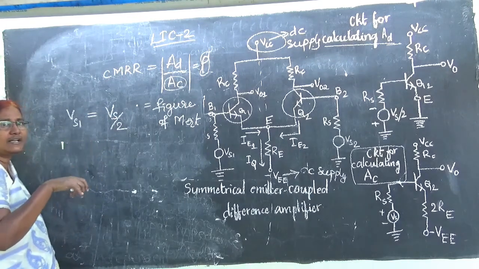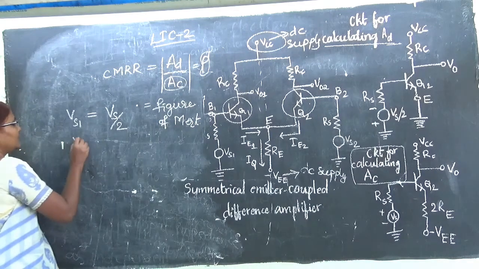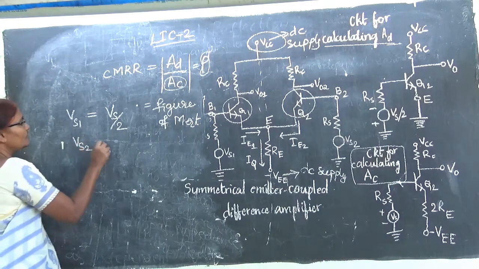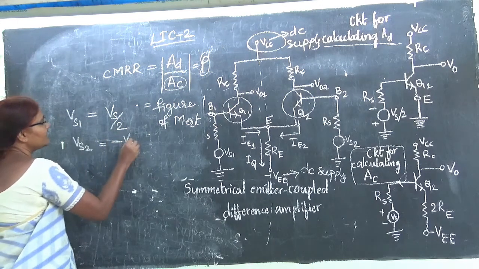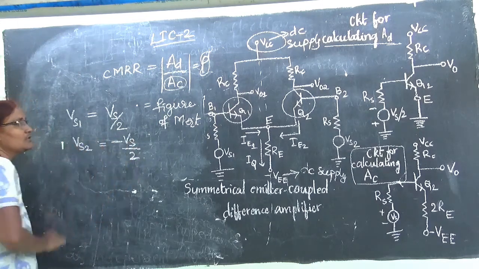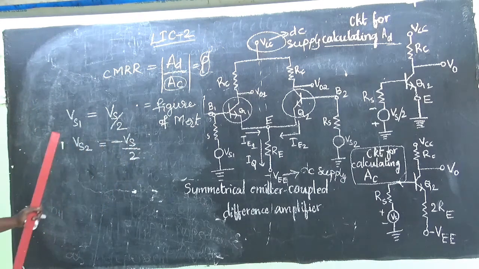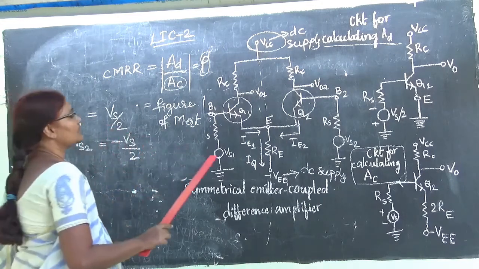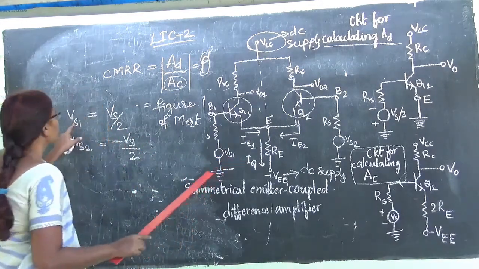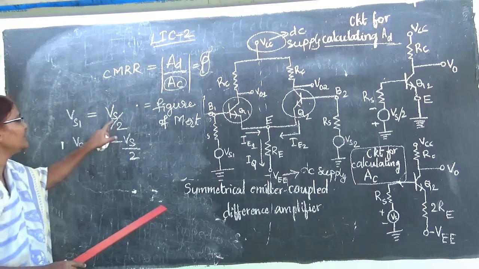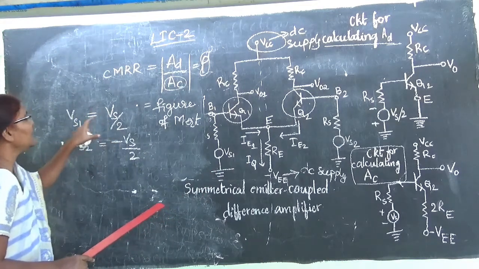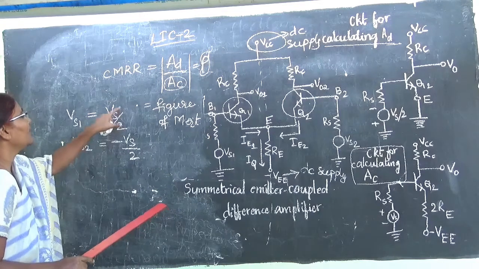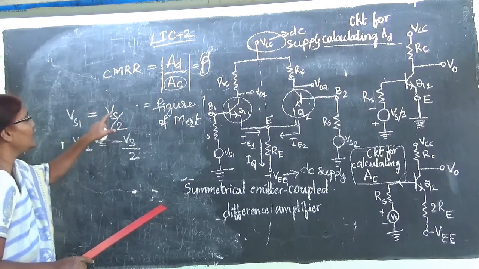Next, Vs2 is going to be minus Vs by 2. So I have taken the first input Vs1 as a positive Vs by 2. That means the first signal is having some value Vs and half of that value.